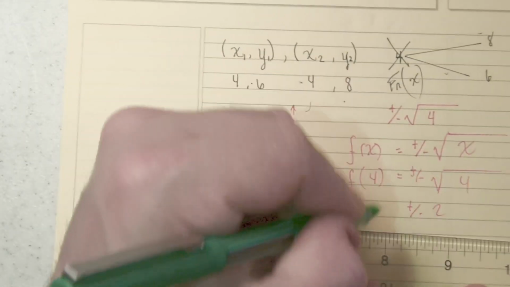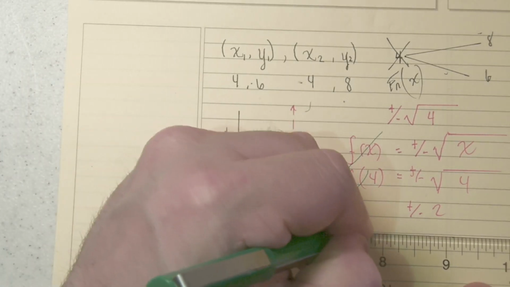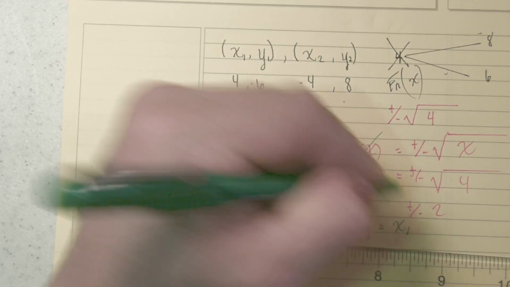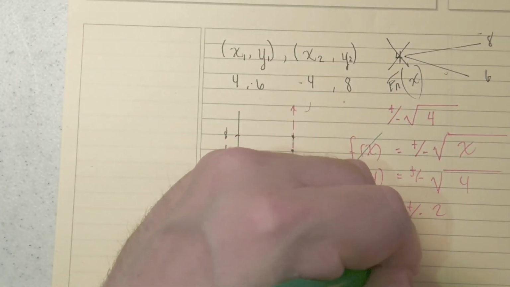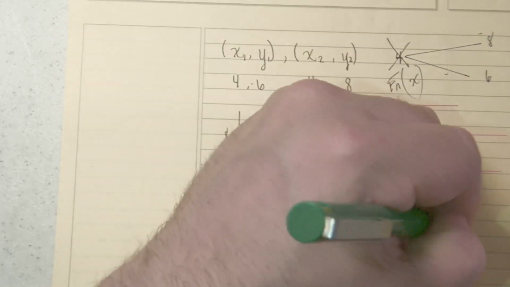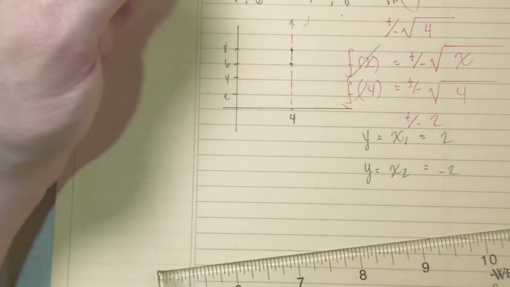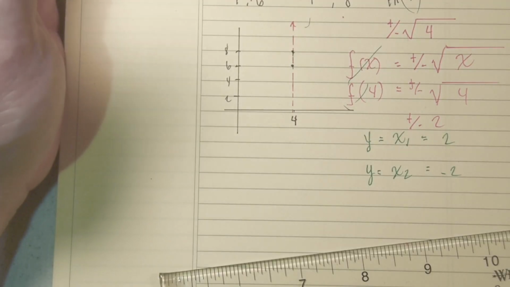So we're going to get rid of this function notation. We're going to say y equals x1 and y equals x2, which is equal to 2 and then negative 2. All right? What does that look like?